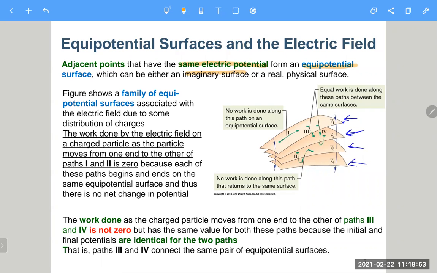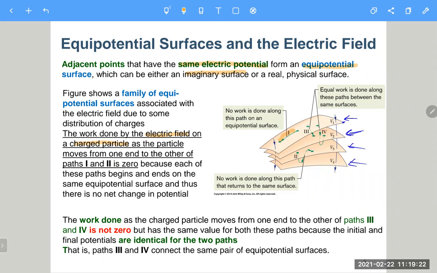The work done by the electric field on a charged particle as the particle moves from one end to another of path 1 is 0. Here you can see we have path 1. The starting point and the end point are both on V1, so the electric potential change for path 1 is 0.